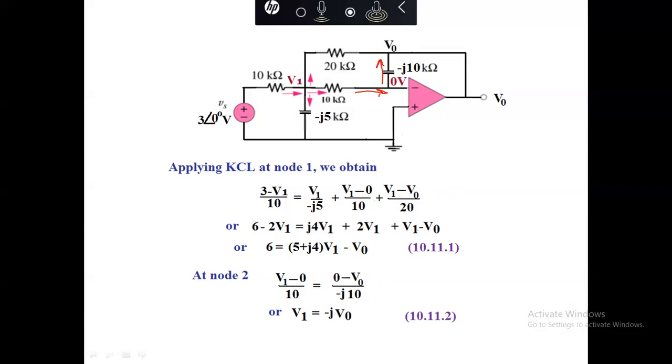So that current is entering into the node. So we have this current equal to this current.